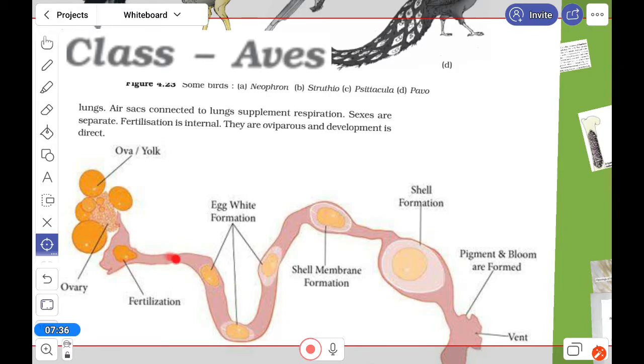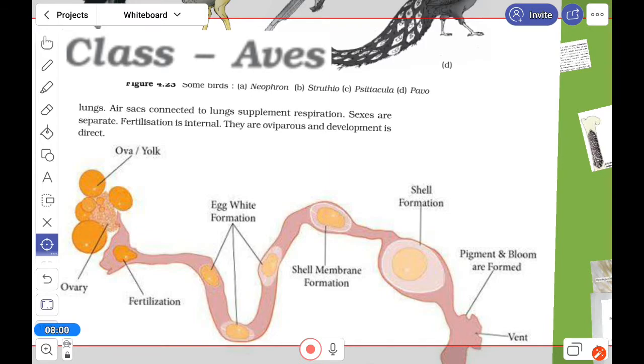After that the egg white forms, and the cell membrane is also formed. After that we get the hen egg. Suppose it is a very big egg, it moves out through the vent.